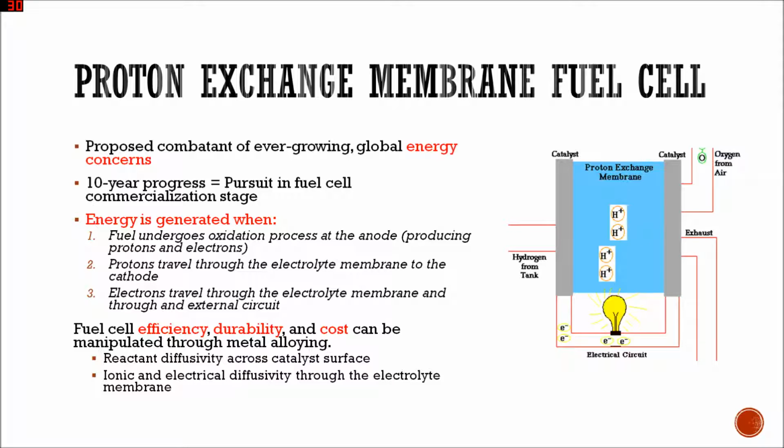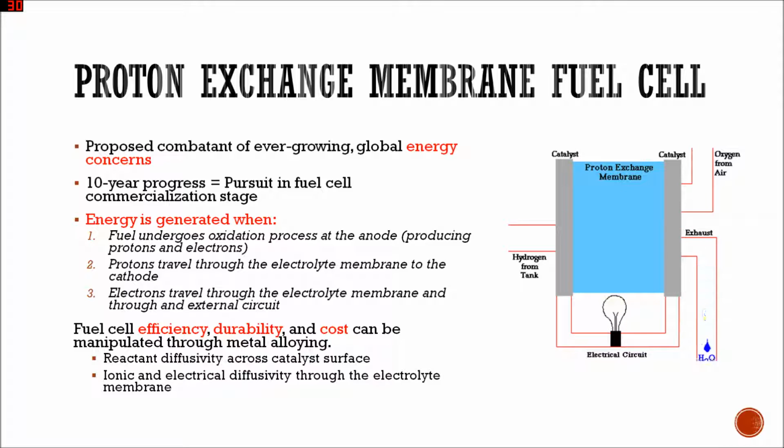We feed hydrogen at the anode catalyst, and at the anodic catalyst, an oxidation process occurs which releases protons and electrons. The protons then cross over a porous proton exchange membrane, and the electrons travel through an electrical circuit which generates the energy that we would like to garner.